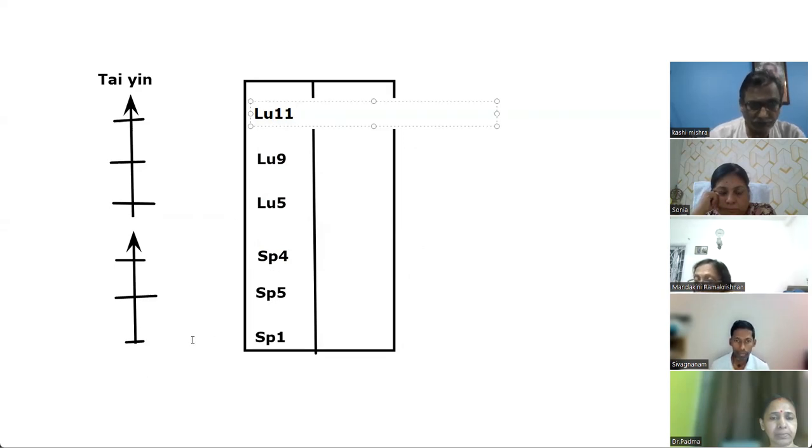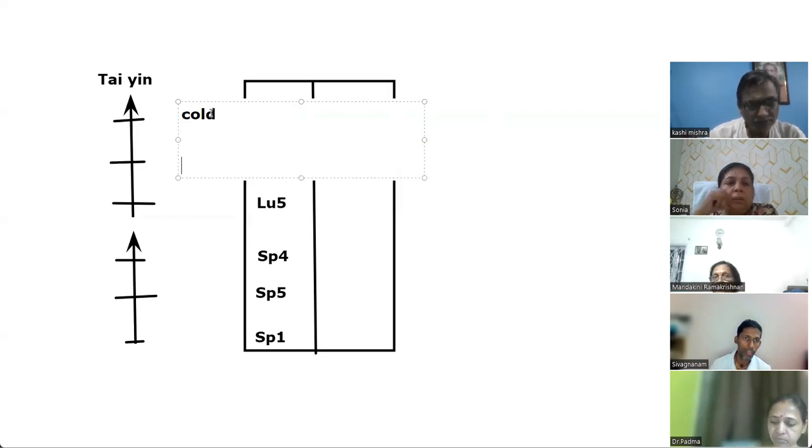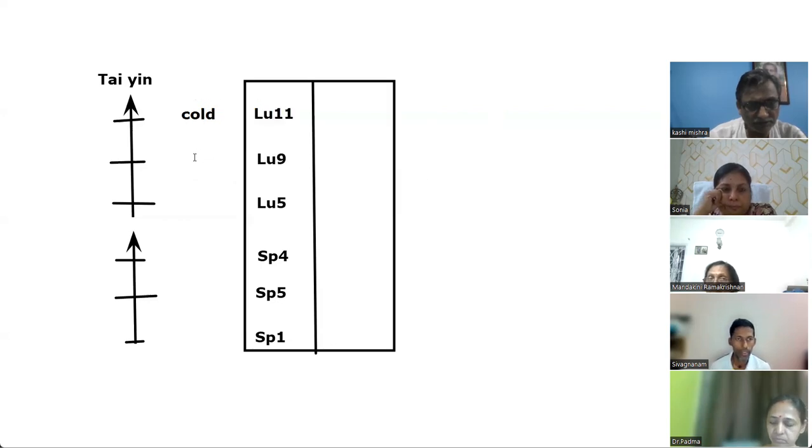So he wants the energies to be written. So let us write. What is this energy? Coldness. Cold. Then dryness.